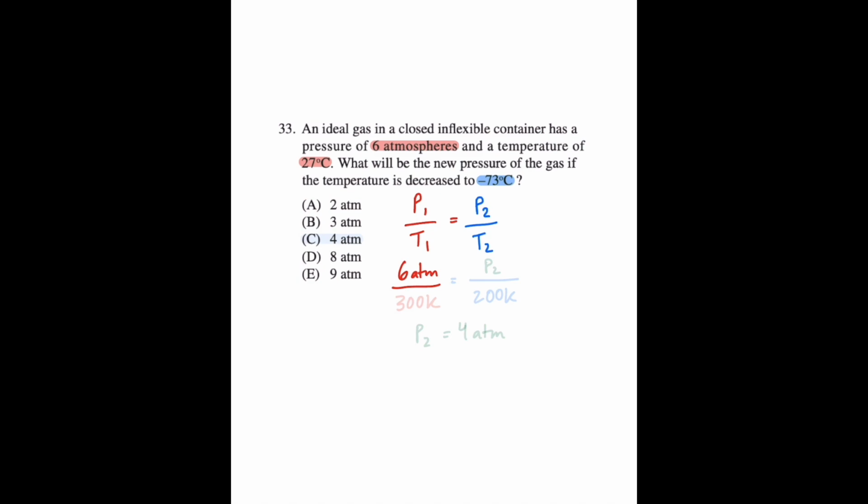We can do this conversion relatively easily just by adding 273 to each of the temperatures. For T1, we'll get 300 Kelvin, and for T2, we get 200 Kelvin. So now we just need to know what is P2. If we cross multiply here, the 6 times 200 gives us 1200, divided by 300 is 4 ATM, which is C.